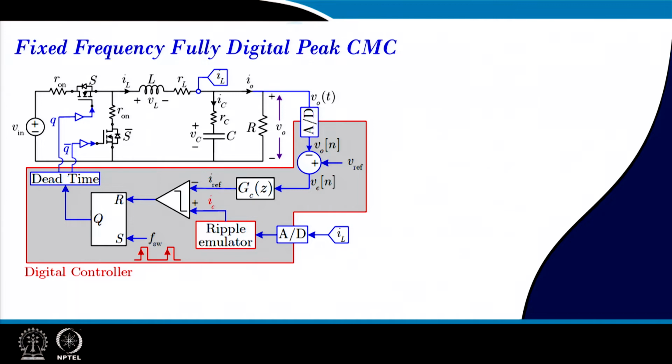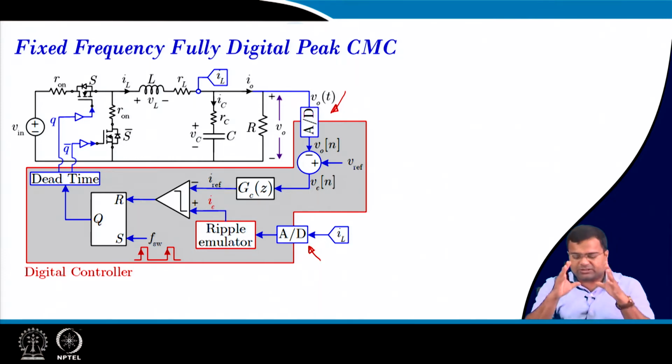Now, if you go to fully digital current mode control, then we also need to sample the inductor current. That means we have already sampled the output voltage here, but we also need to sample the inductor current. And we have discussed there are two possibilities. If we sample the inductor current, we need to retain the ripple information.